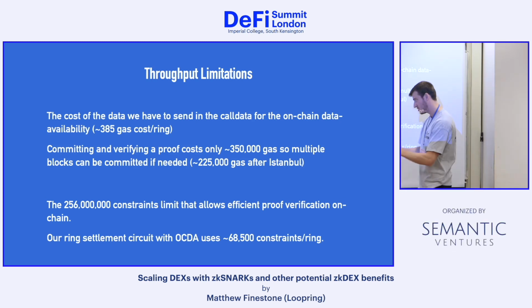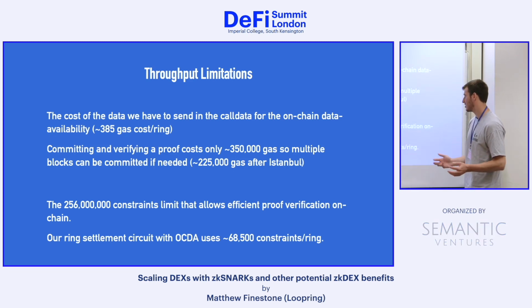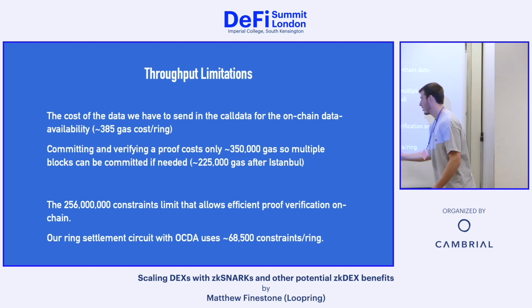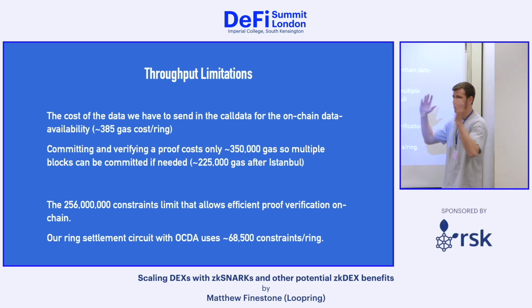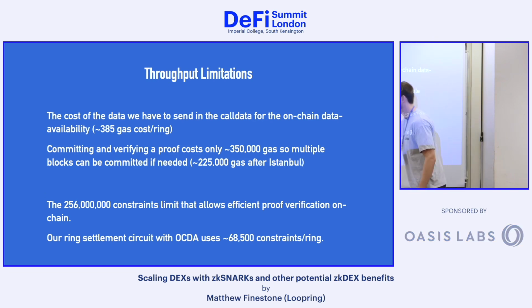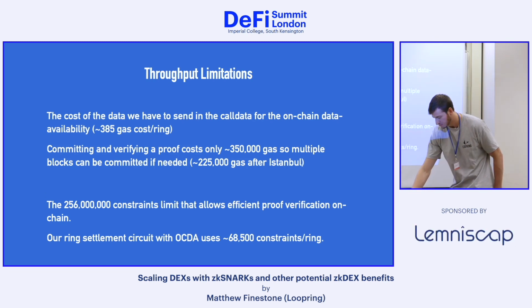But our ring settlement circuit with on-chain data availability uses about 70,000 constraints in a ring. So that's why we get to about 4,000 settlements in a virtual block. The blocks that the DEX operator is creating, you could fit 4,000 into one SNARK.